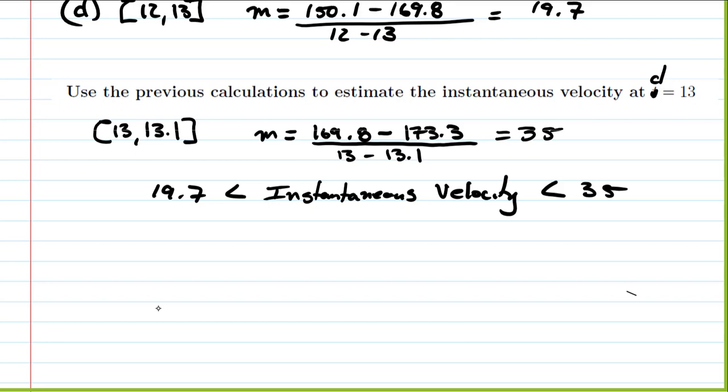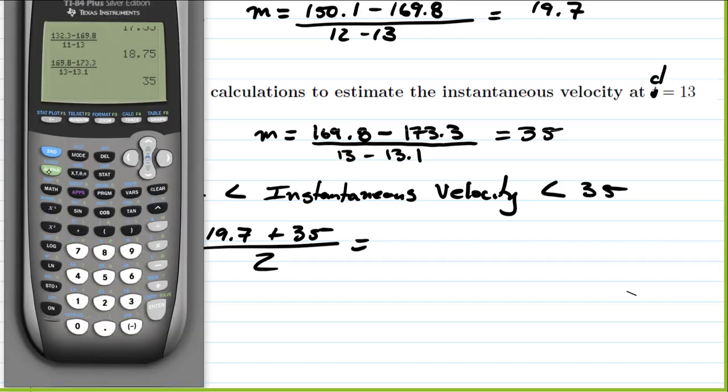So one way to get a better approximation would be to average these two things. So we could take 19.7 plus 35 over 2, which gives us 27.45.